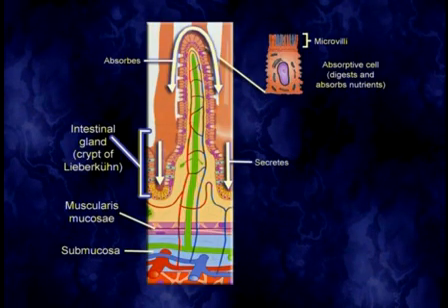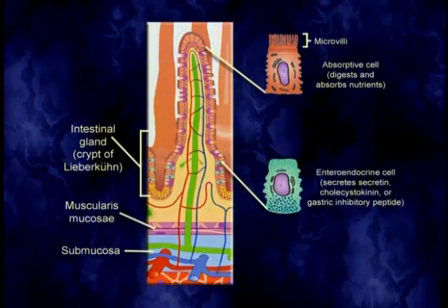Cells down here, for example, this enteroendocrine cell secretes secretin, cholecystokinin, and gastric inhibitory peptide, which we've already looked at. And you have these cells allowing their secretions to get out, or they can also get into the circulation, where they can go on and signal other areas.